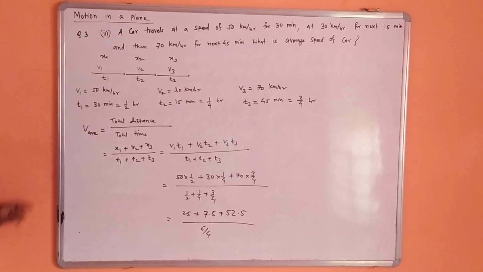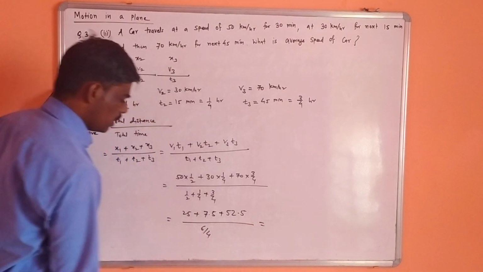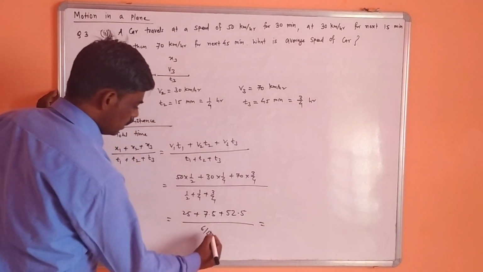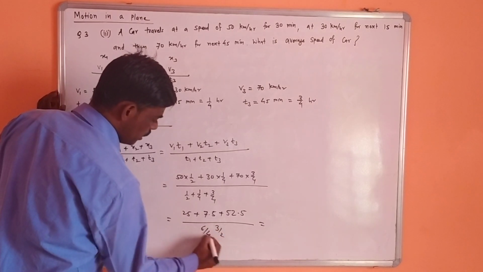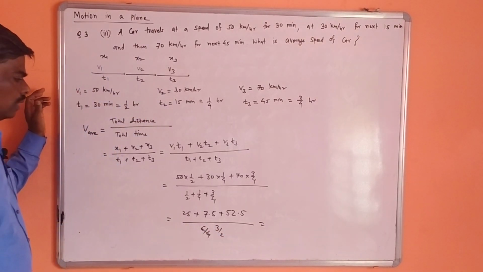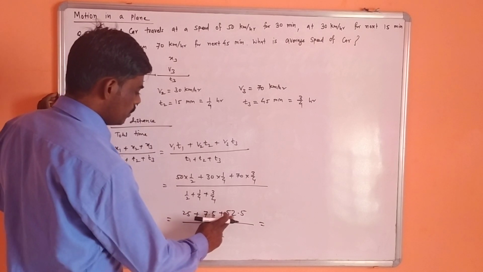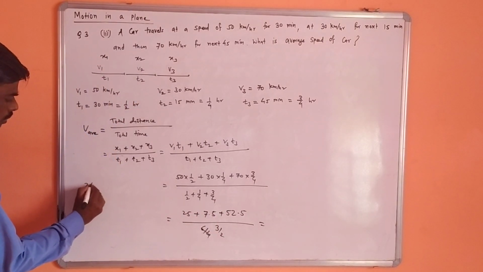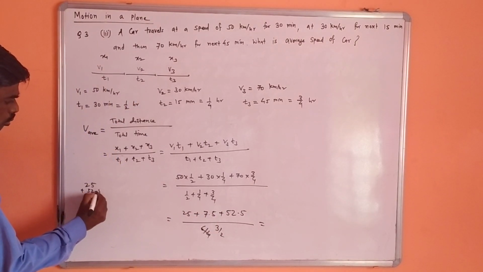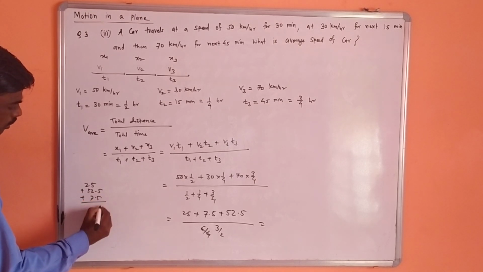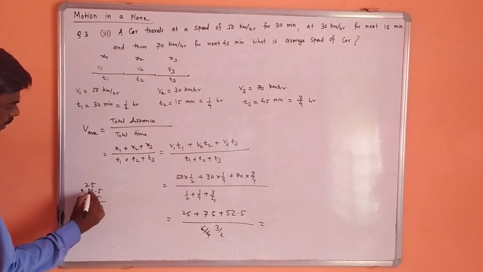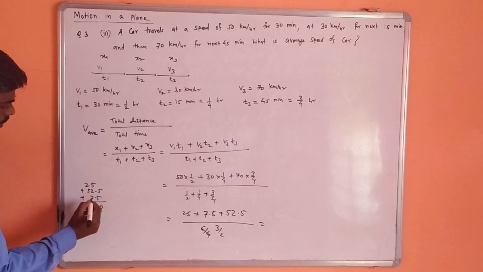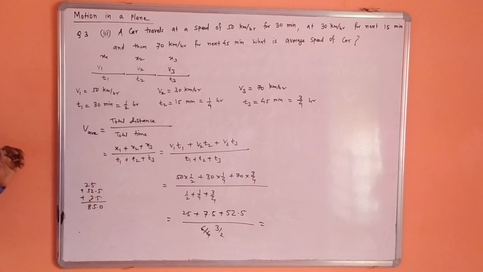So we can solve it. Here the denominator becomes 3 by 2. Then 25 plus 52.5 plus 7.5 becomes 85.